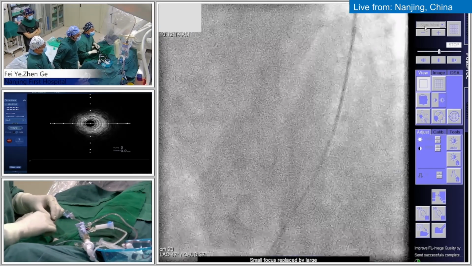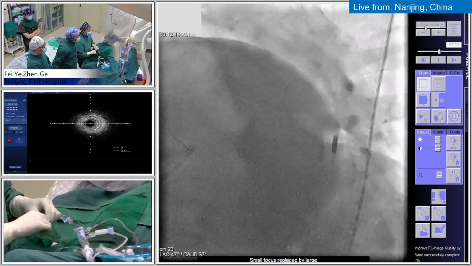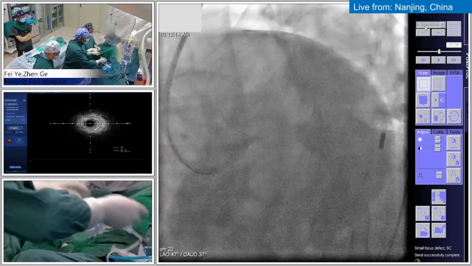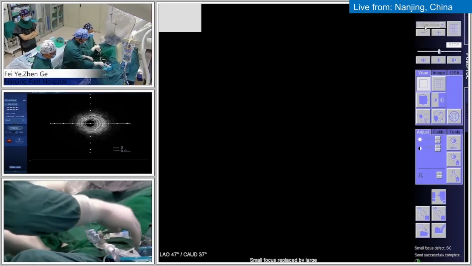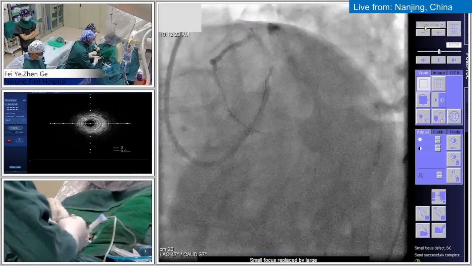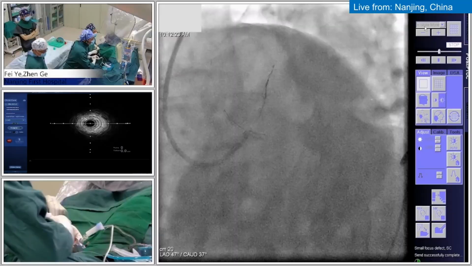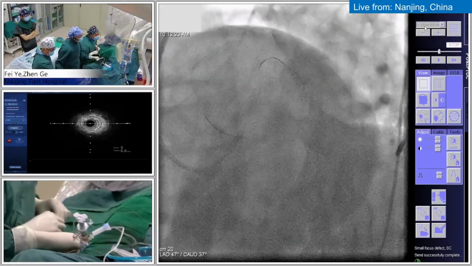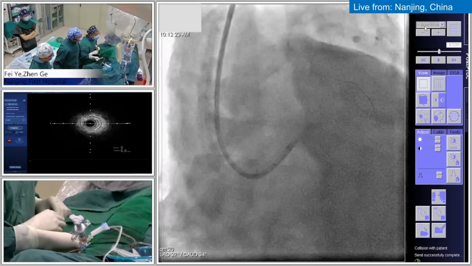Will you check IVUS directly or pre-dilate the distal left main? I want to advance another wire into the ramus and the circumflex to protect them, and then check IVUS. Very important issue, how to protect the side branches, the circumflex and the ramus.